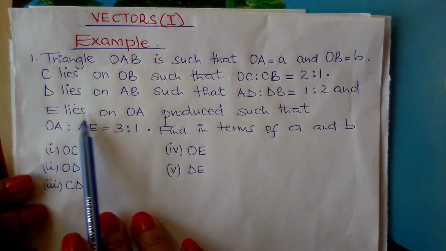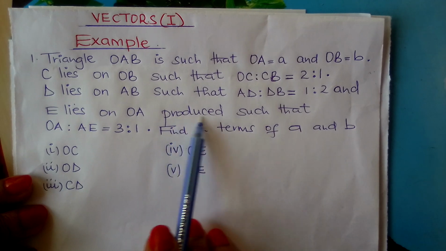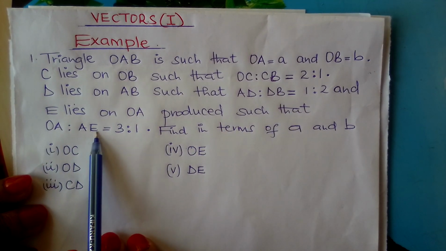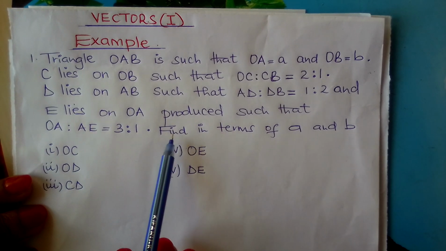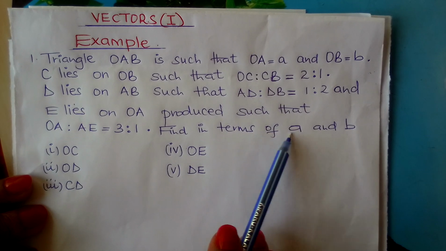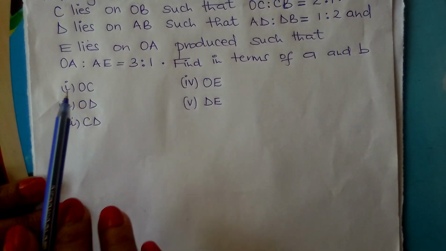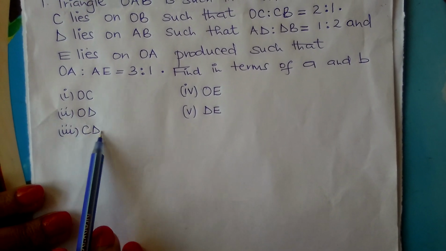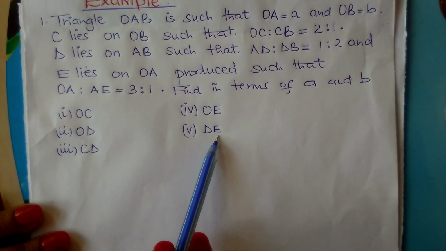And E lies on OA produced, OA is lengthened, such that OA is to AE is 3:1. The question is, find in terms of small a and b the following vectors: Roman 1 OC, Roman 2 OD, Roman 3 CD, Roman 4 OE, and Roman 5 DE.